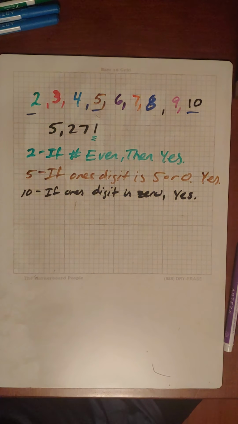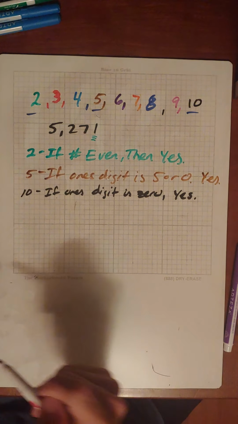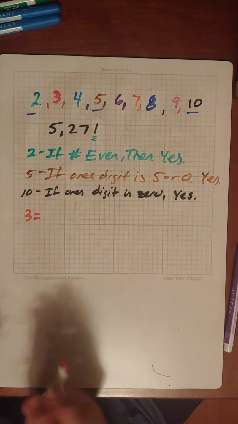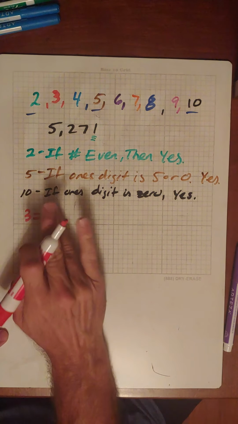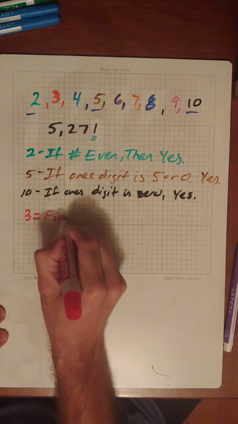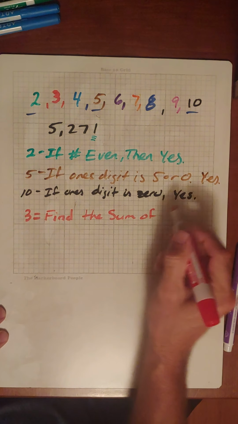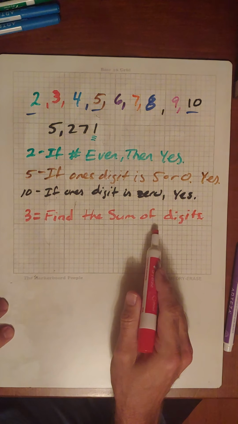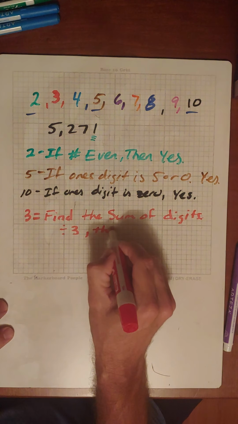Another one that you may know something about is 3. This one is a little bit different. For 3, I'm going to find the sum of the digits. If that sum is divisible by 3, then yes, the whole number is.